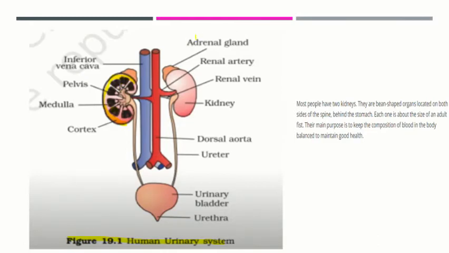Now come to that. But before leaving this page, first of all see, there is one pair of glands, called the adrenal gland. This is not part of the excretory system, but it is a hormonal gland that secretes the adrenaline hormone. So this adrenal gland is situated in the form of a crown at the top of the kidney.